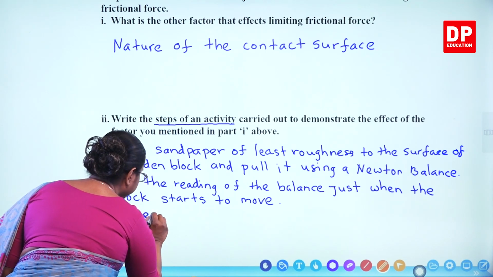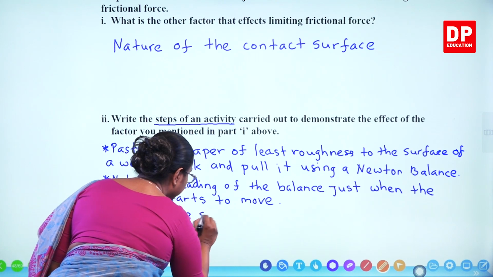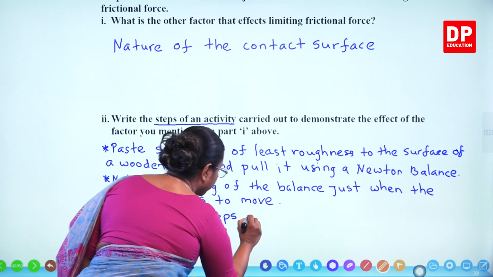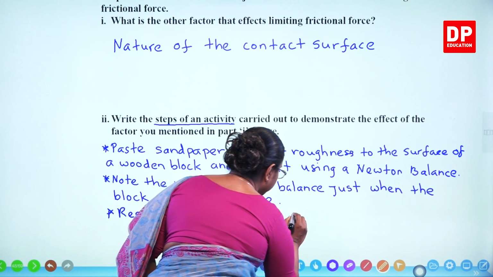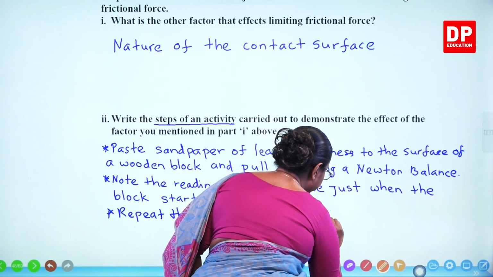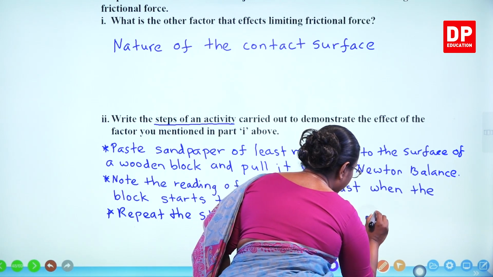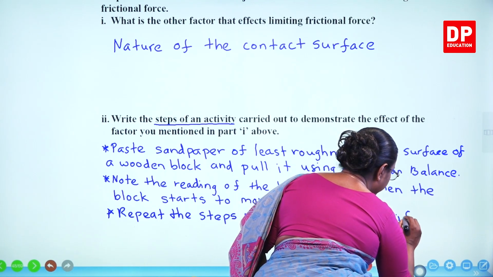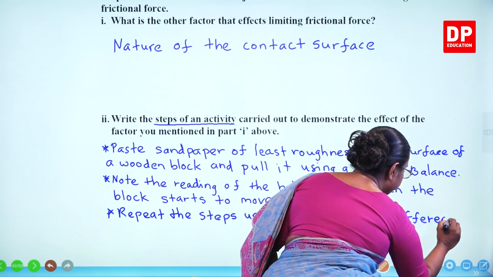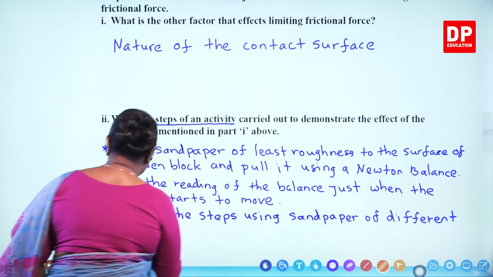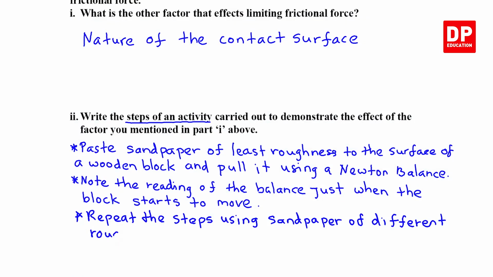Repeat the steps using sandpaper of different roughness and compare the results.